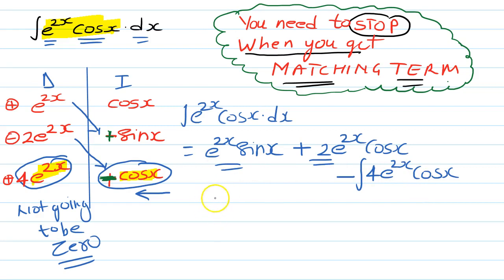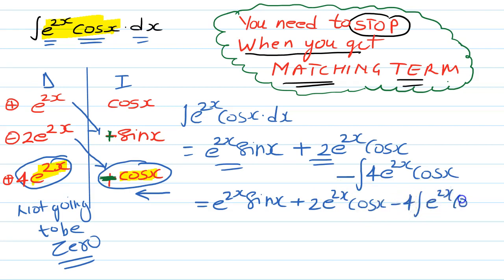Yeah, so this we can write down, e to the power 2x sin x, plus 2 e to the power 2x cos x, minus 4, you can write down outside, so e to the power 2x and cos x. Yeah, so now you need to pay attention.